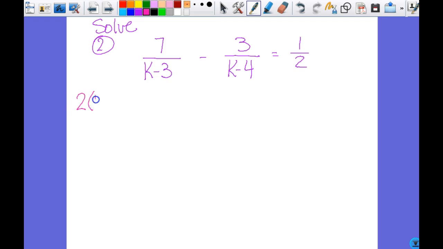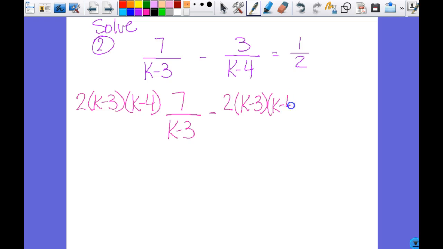So I'm going to do 2 times K minus 3 times K minus 4 times 7 over K minus 3, minus 2 times K minus 3 times K minus 4 times 3 over K minus 4, equals, and then I'm going to write a room, so I'm going to go sideways here, 2 times K minus 3 times K minus 4 times 1/2. Okay. All good? Everybody understands what we're thinking?